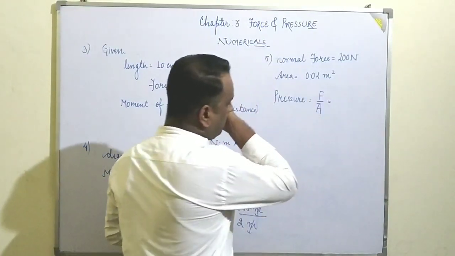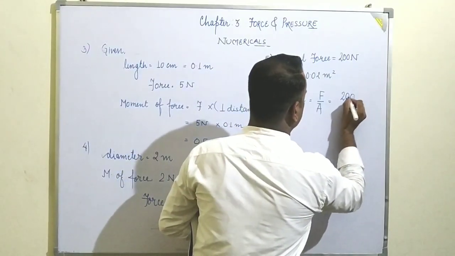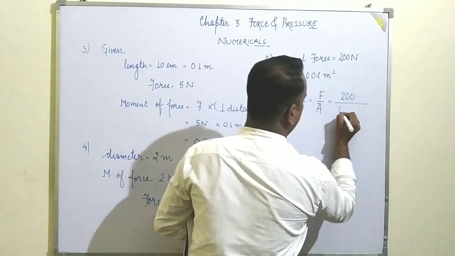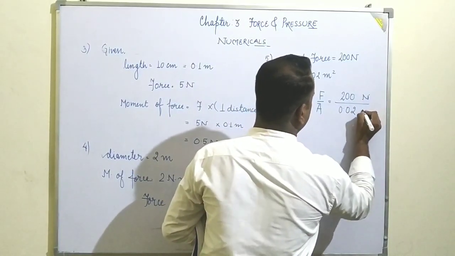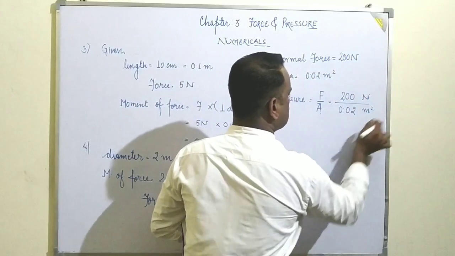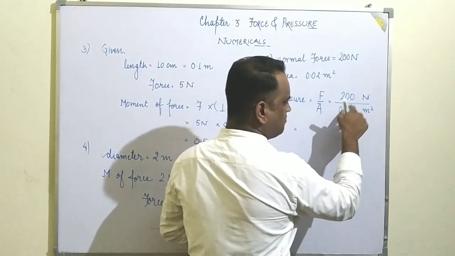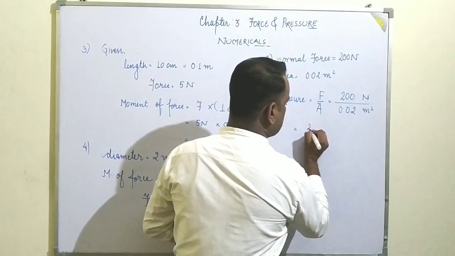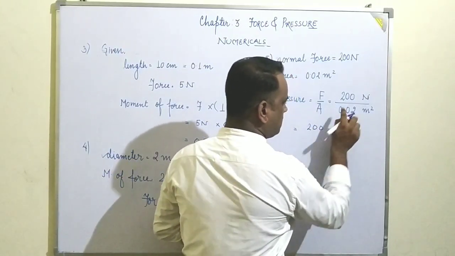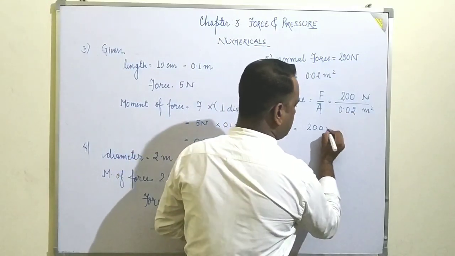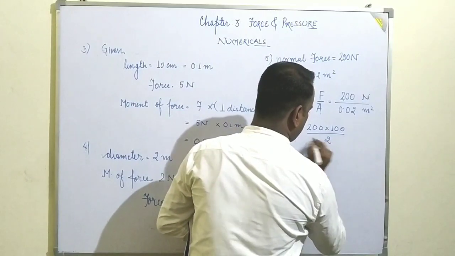Here the force is 200 Newton, and area is 0.02 meter square. To solve this, remove the decimal: multiply by 100 in the numerator, so it will be 200, and multiply the denominator by 100, so 0.02 becomes 2.